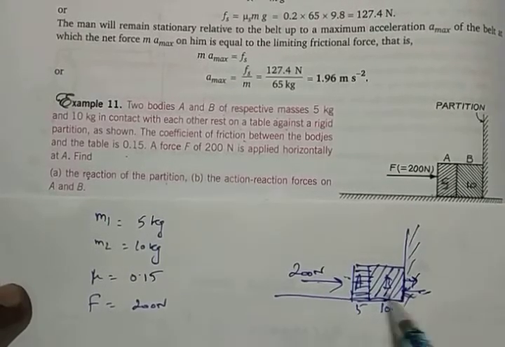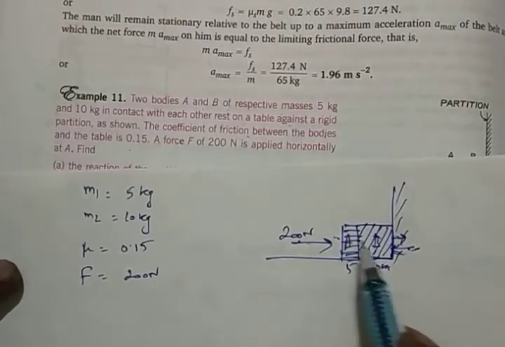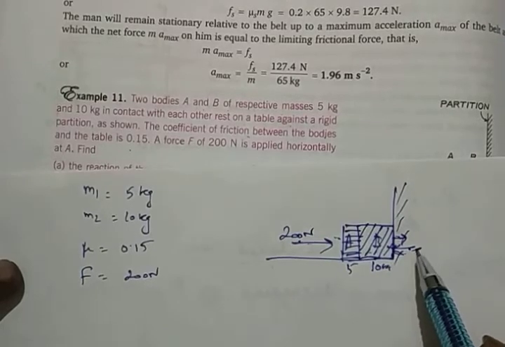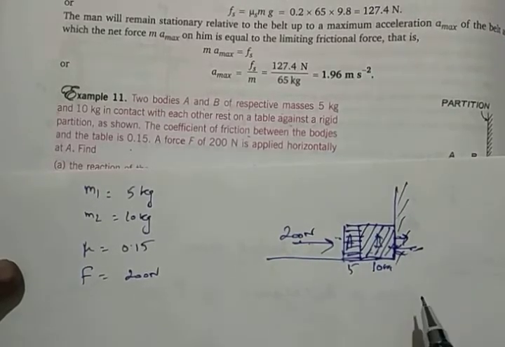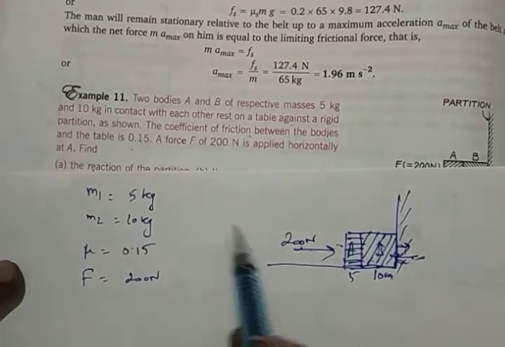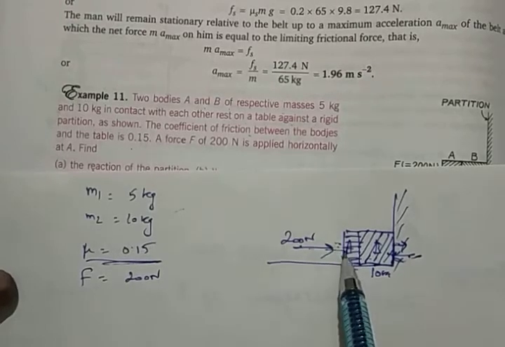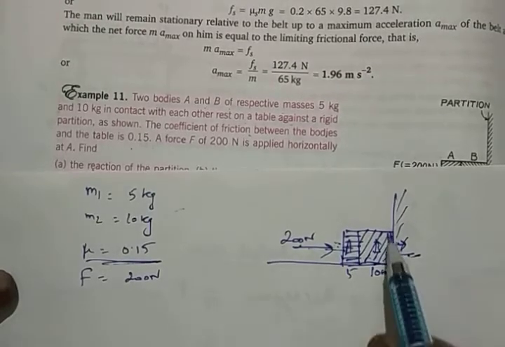How much will this force be? Most of them will answer that this is giving 200 newtons, so this also will give 200 newtons. Remember, that will not be the case here because you are given a frictional force. Don't think this 200 newtons will always be 200 newtons when it reaches here.